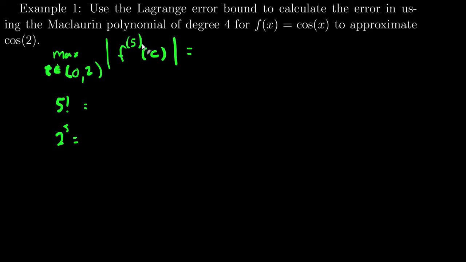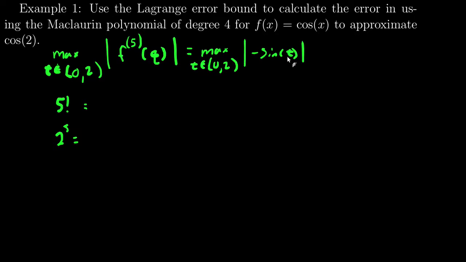All right, well, the fifth derivative of cosine is negative sine. I'll write that down. So this will be the maximum for possible t values. Oh, this should be a t, sorry. In 0 to 2 of negative sine of t.